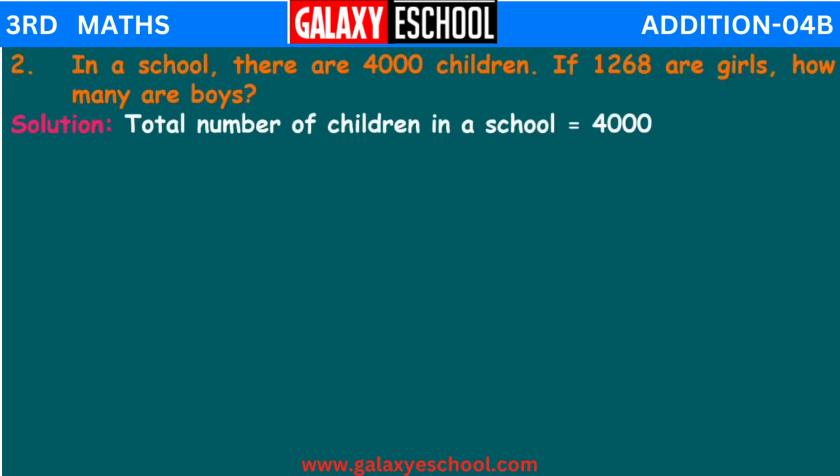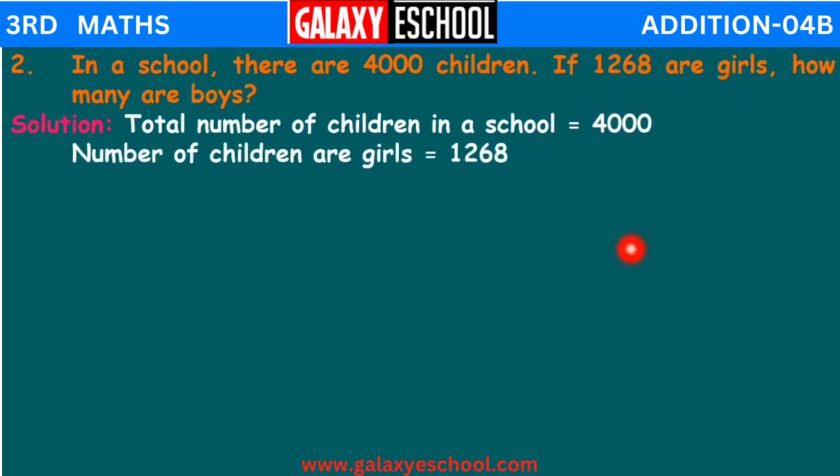Now what should the sentences be? First number given here is 4,000. What is this 4,000? It is the total number of children in a school. Total number of children in a school is equal to 4,000. Next we have 1,268 girls.